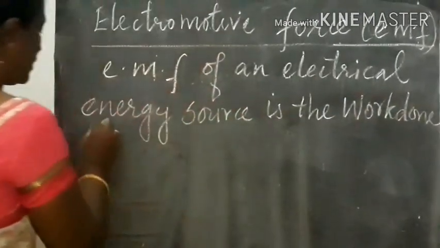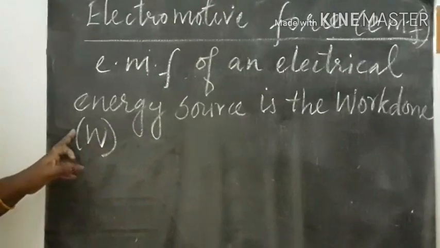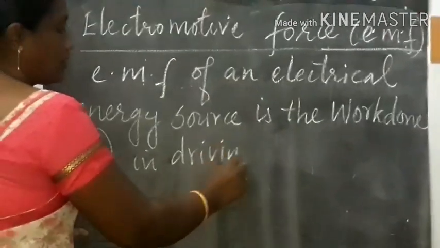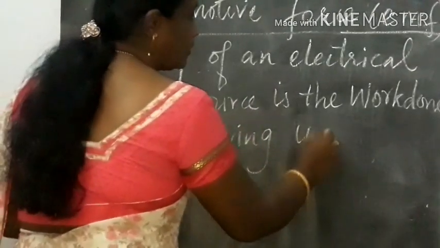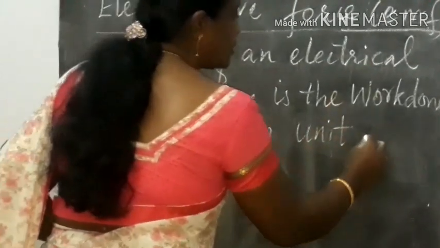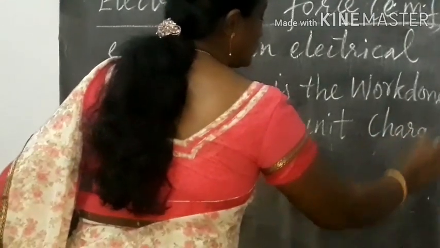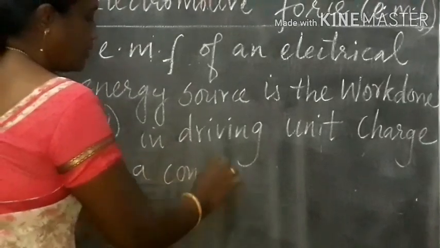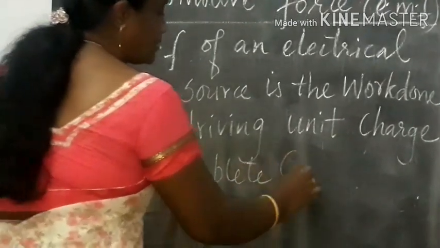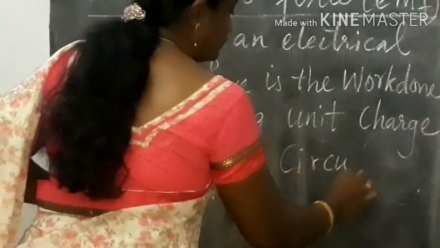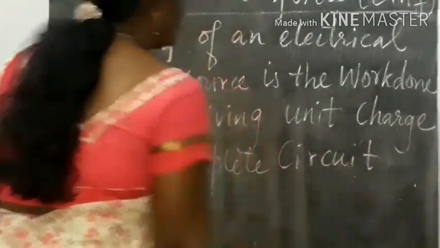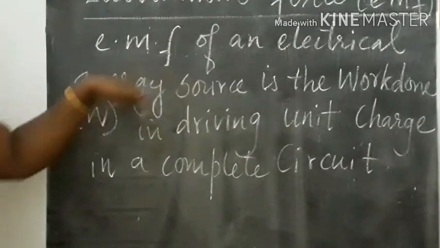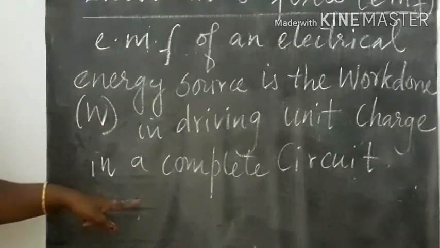Work done is represented as W. The EMF of an electrical energy source is the work done in driving unit charge in a complete circuit.